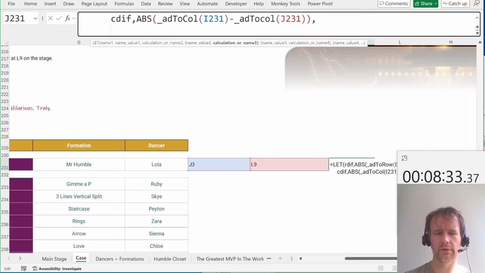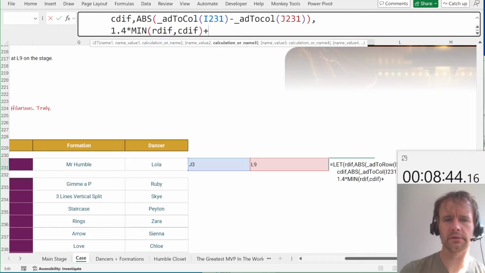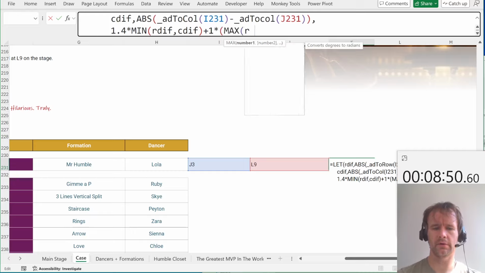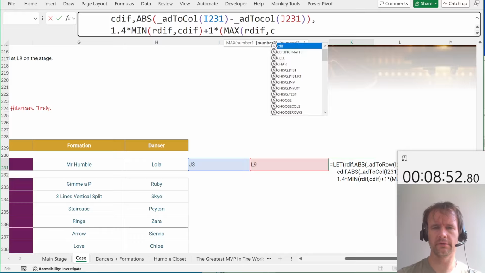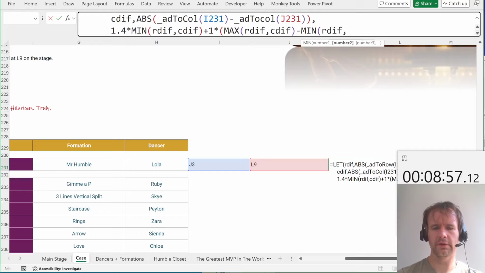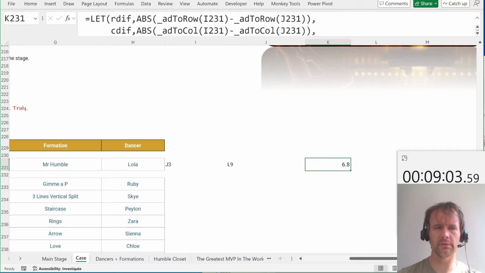Then I want 1.4 times min of rdiff and cdiff plus 1 times, I guess, max of rdiff and cdiff minus min of rdiff and cdiff. 6.8 is indeed it, and then we want 200 over that.